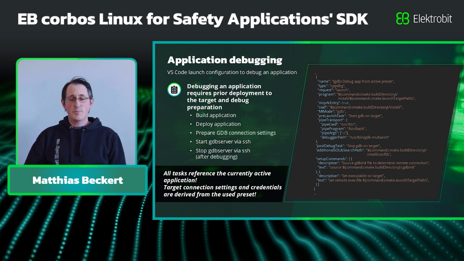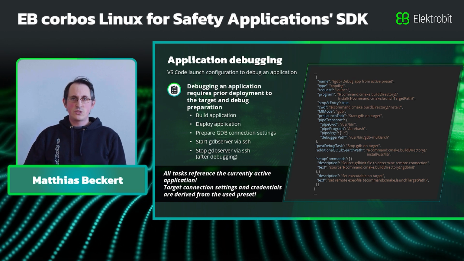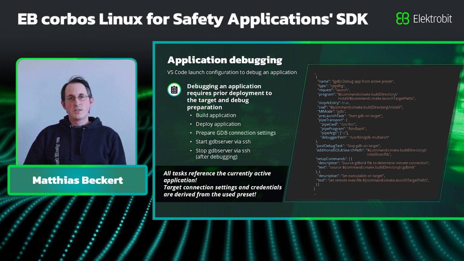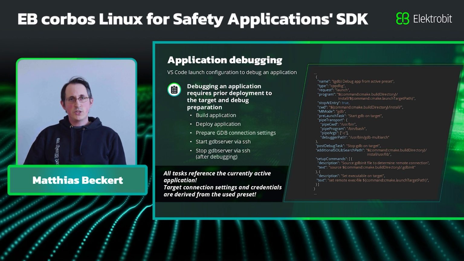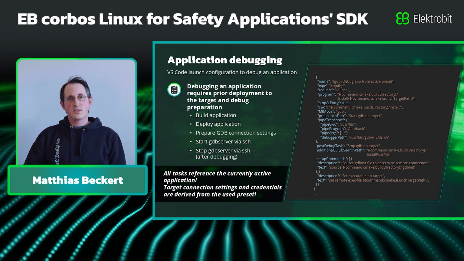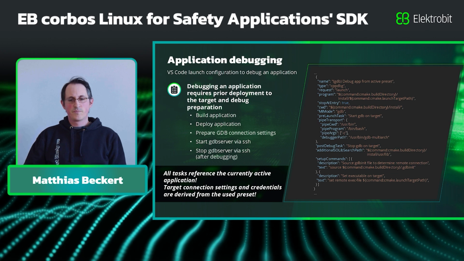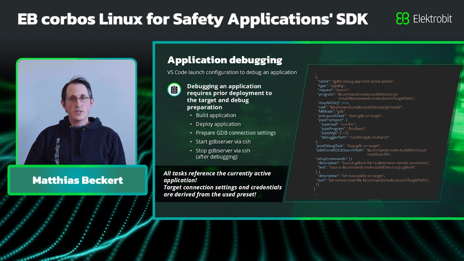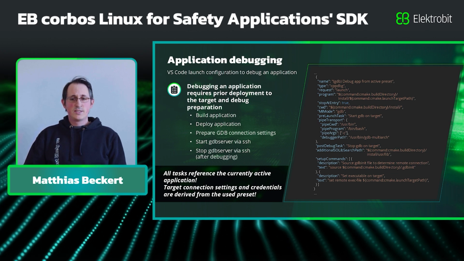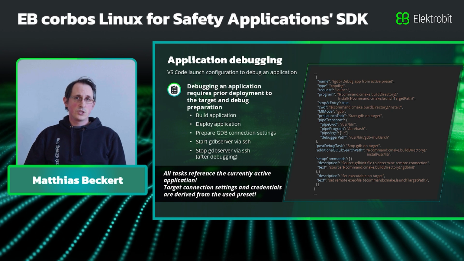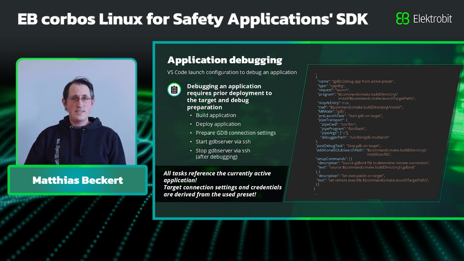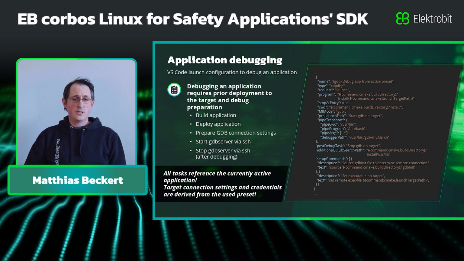The last step we need to do is to start a matching VS Code launch configuration to really start the debug session inside VS Code. The launch configuration itself has a so-called pre-launch task, and this pre-launch task is start GDB on target.